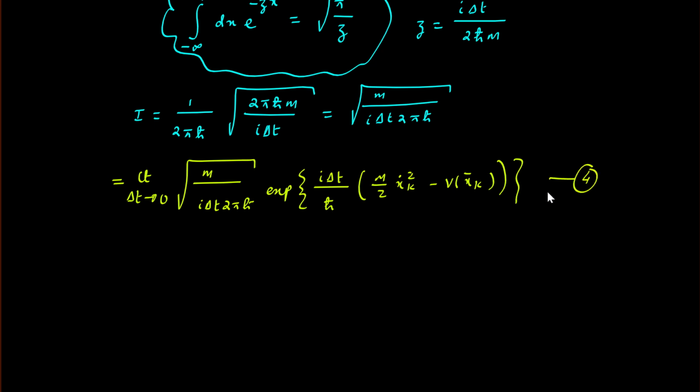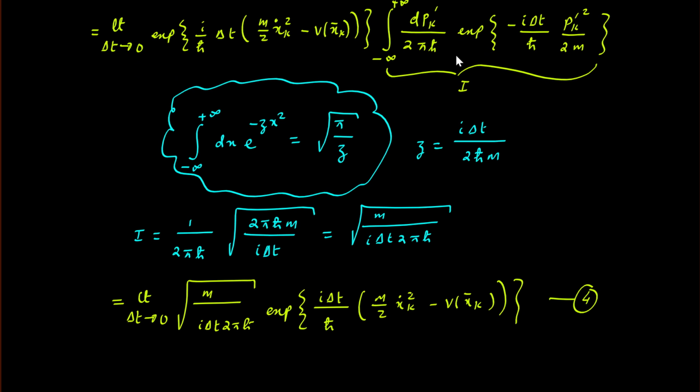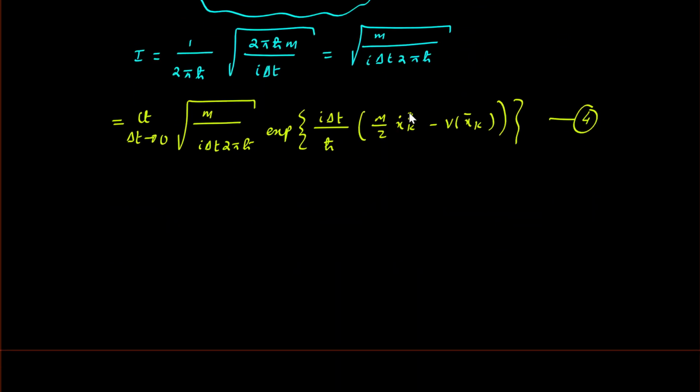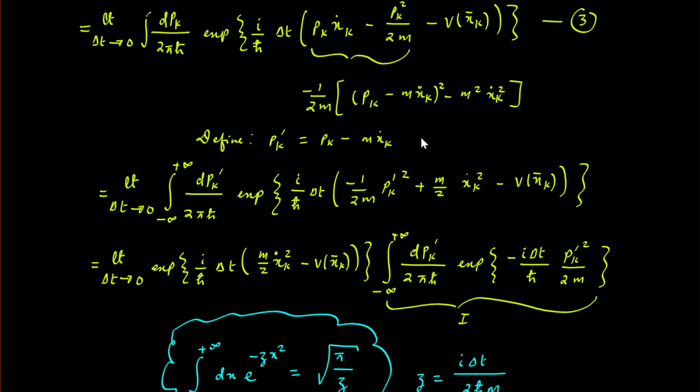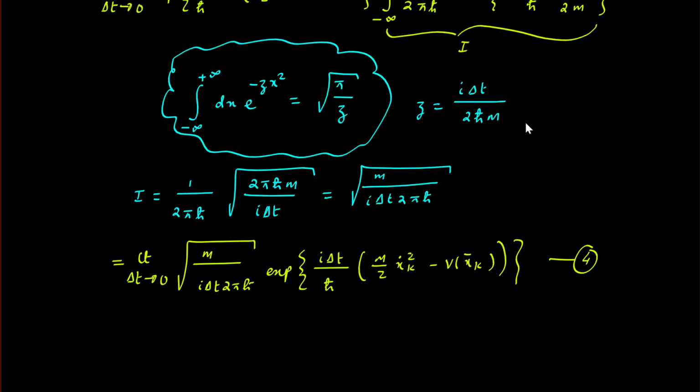Okay, so now we found that this value is nothing but this equation, right? So this value, this equation number 4, we put in this expression, then I can write equation 2 as follows.